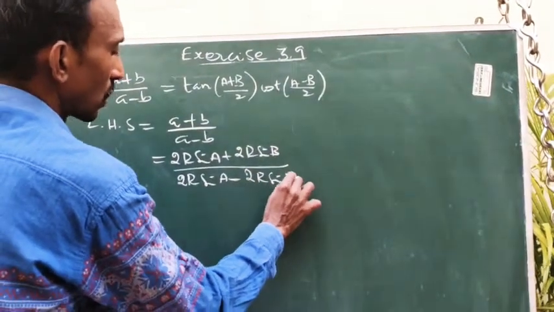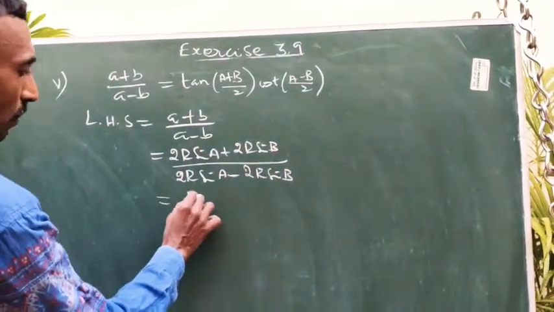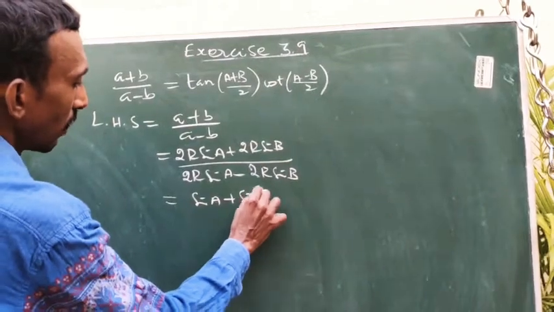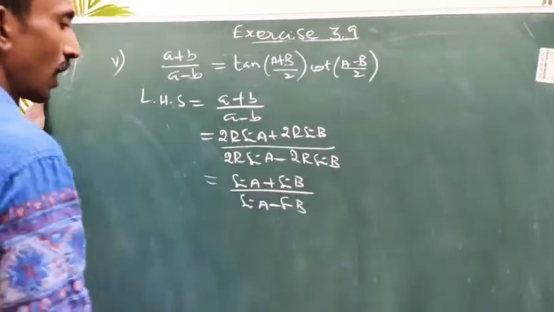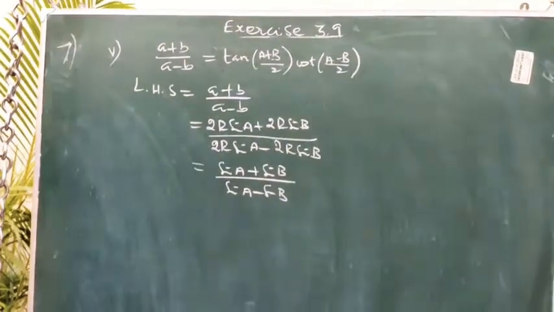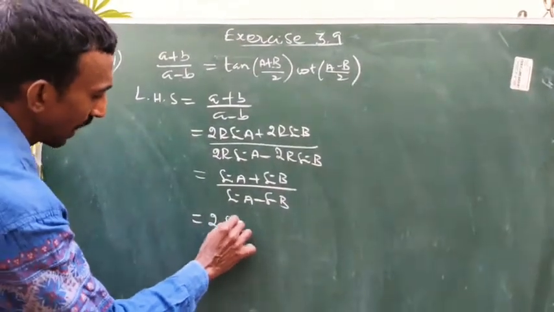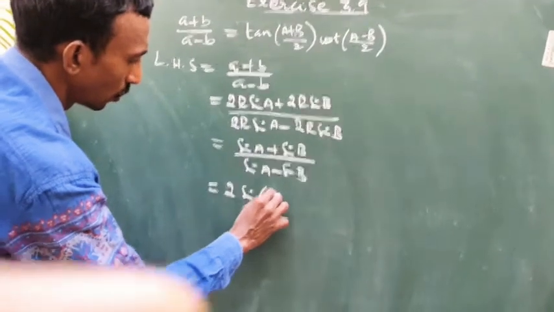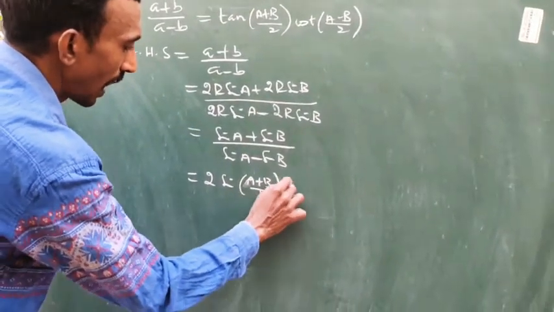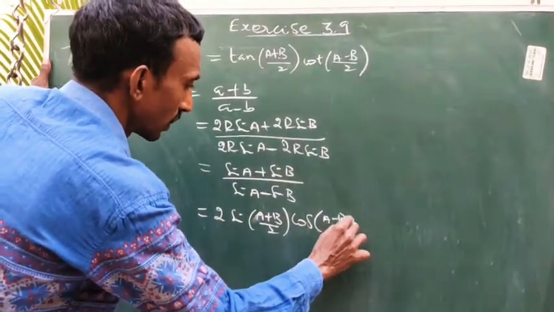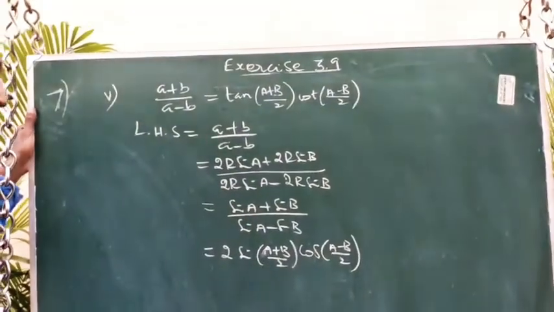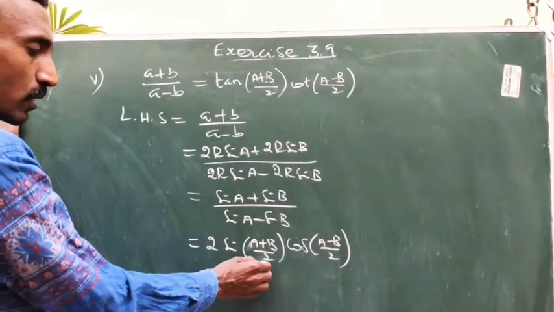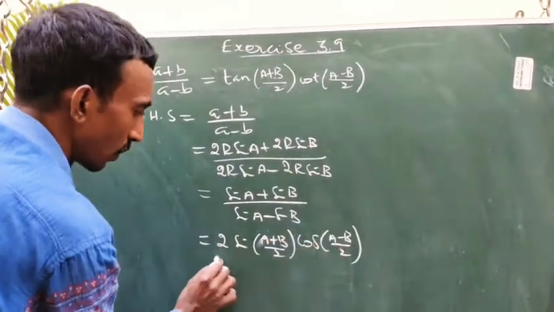Take 2R in common and cancel. We are getting (sin A plus sin B) by (sin A minus sin B). Sin C plus sin D equals 2 sin((C plus D) by 2) into cos((C minus D) by 2).